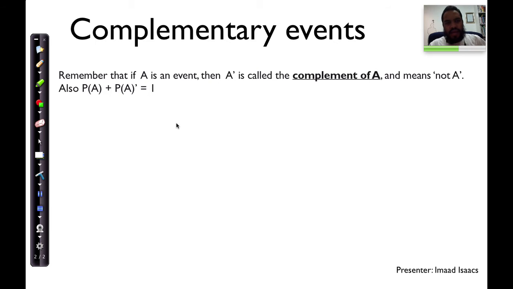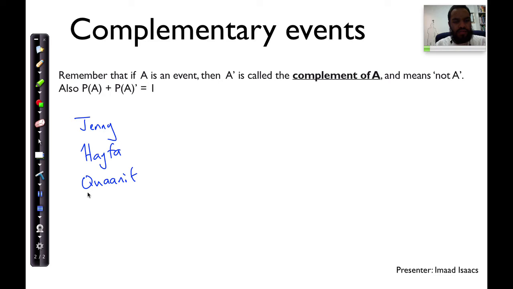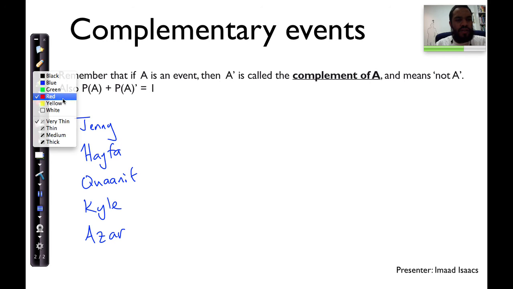I've got a class of 5 students, and in the class of 5 students, I've got Jenny, I've got Hafer, I've got Karnit, I've got Kyle, and I've also got Azar. So I've got these 5 students.